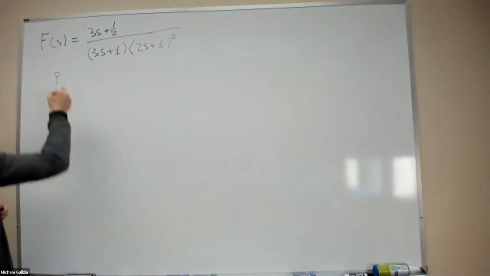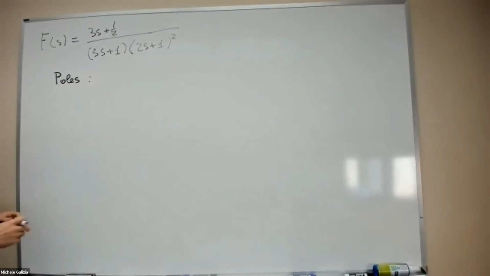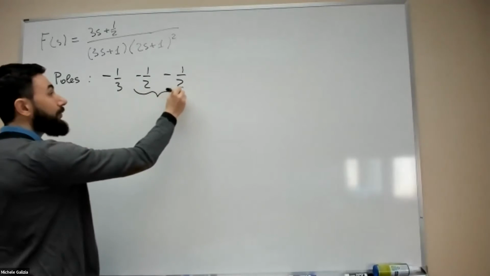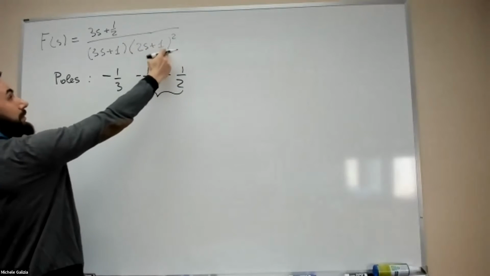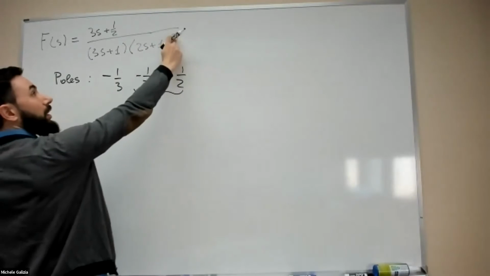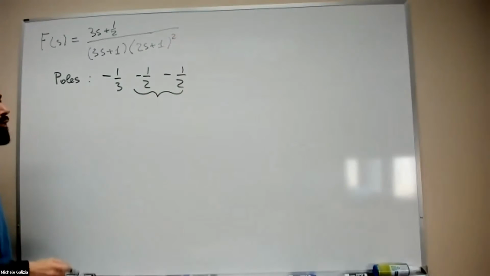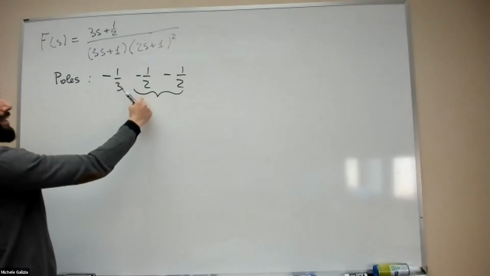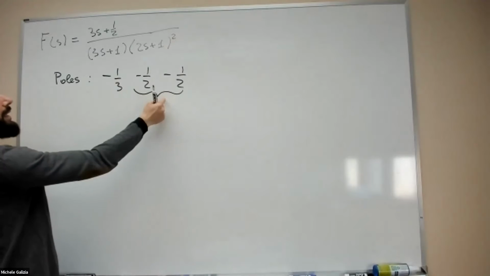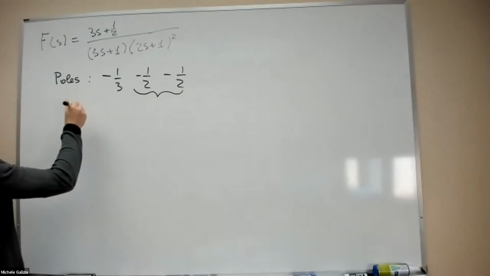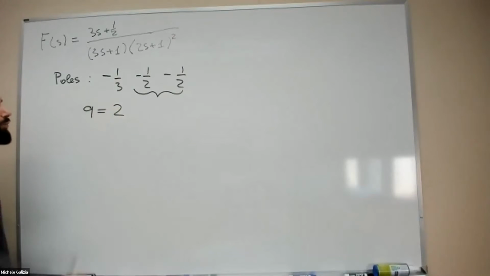Find the poles. So could you please tell me what are the poles? Minus 1/3. Yes, but negative 1/2 is repeated 2 times. Do you agree with me? Because there is an exponent 2. Do you agree that the multiplicity of this pole is 2? Yes. So in this case, q is equal to 2 for this pole.